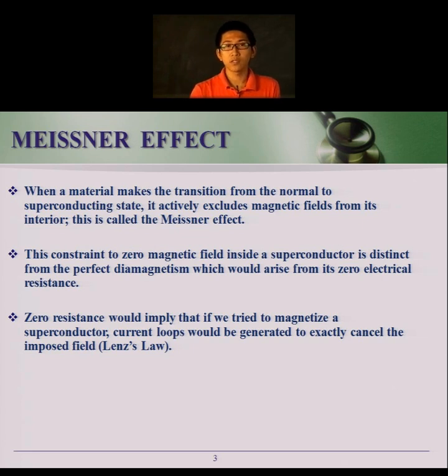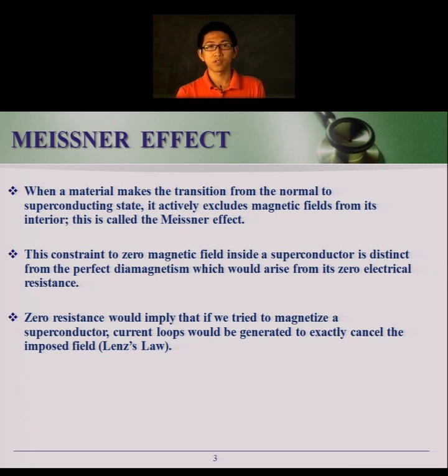So what is the Meissner effect? When a material makes the transition from the normal to the superconducting state, it excludes the magnetic field from its interior. This is called the Meissner effect.